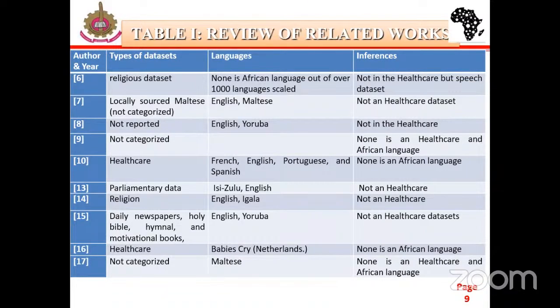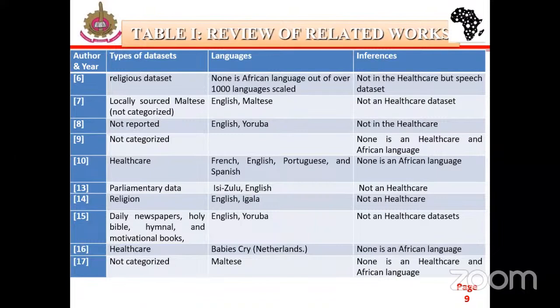Reference 8 and reference 9, both of them also work in the same direction, and they did not specify the domain where they are working. English and Yoruba was considered, and it wasn't in the healthcare domain. And reference 9 was not in the healthcare domain, and not an African language data set.